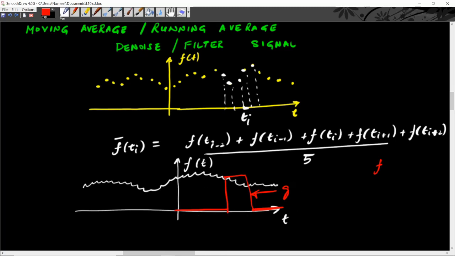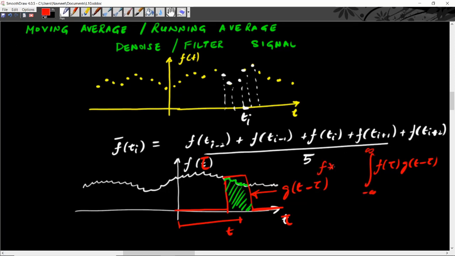So then we can write this as f of tau, and this function has been shifted by a time t. So if we take the product of f of tau and g of t minus tau, we are left with only this part of the function over here, and if we take the area or integrate, we'll get the area under this portion of the signal.